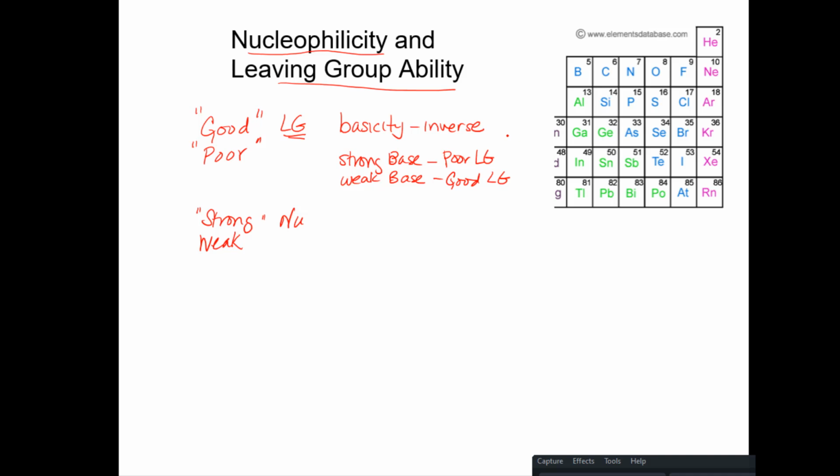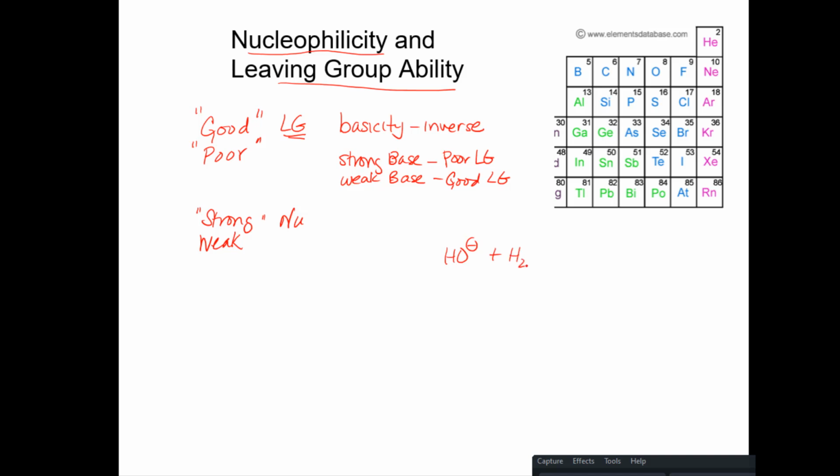So now what we have to do is define what I mean by a strong base and what I mean by a weak base. And just as kind of a review of general chemistry, what did strong base mean? What's a typical strong base that we talk about? How about hydroxide?